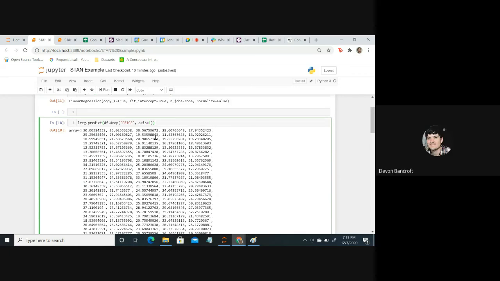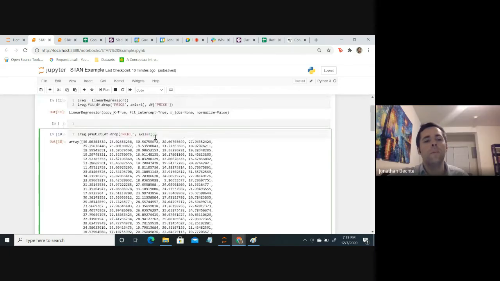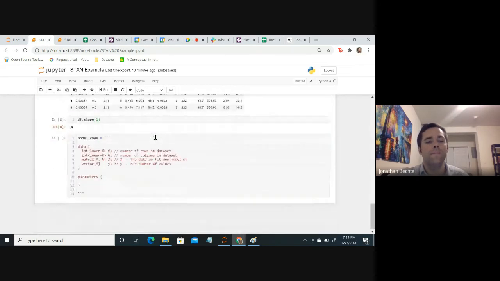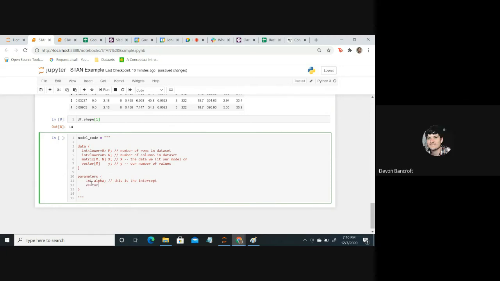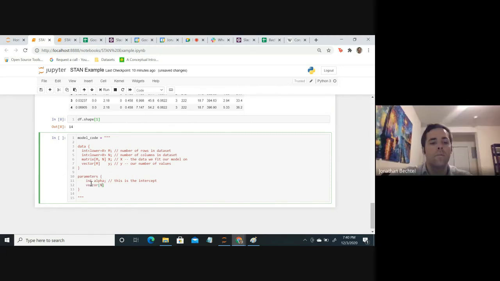The reason I'm saying this is, if we go down here, when you specify parameters, we're basically saying we're going to call the alphas the intercepts. Okay, n is the number of columns.